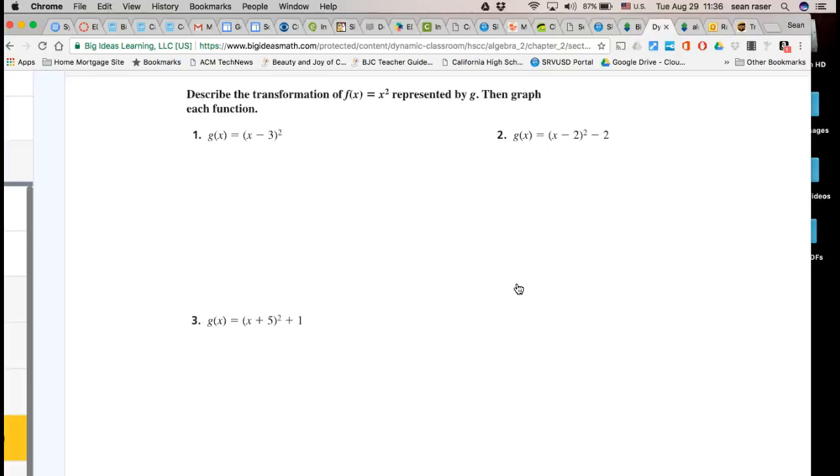I would recommend, if you want to, in your notes, just plotting them just so you can get some more practice looking at the graphs. But in the text box that comes up, I just want you to write your answers for 1, 2, and 3 right here. So describe the transformations for each of these functions from x squared. Go ahead and enter them in the text box. Please label them 1, 2, and 3 so I can easily see your answers.